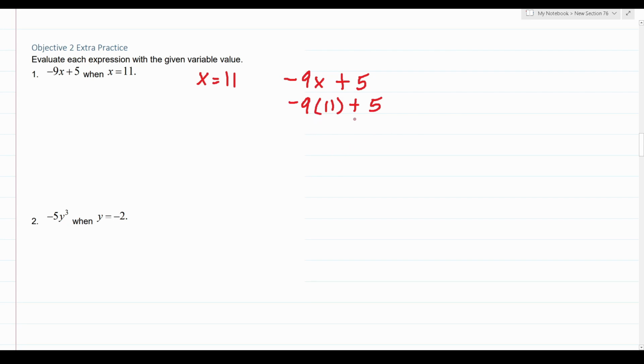We have multiplication and addition. Multiplication is always going to come before addition. So let's work this out. Negative 9 times 11 is negative 99 plus 5. All right, negative 99 plus 5 is negative 94. All right, so that's that one.